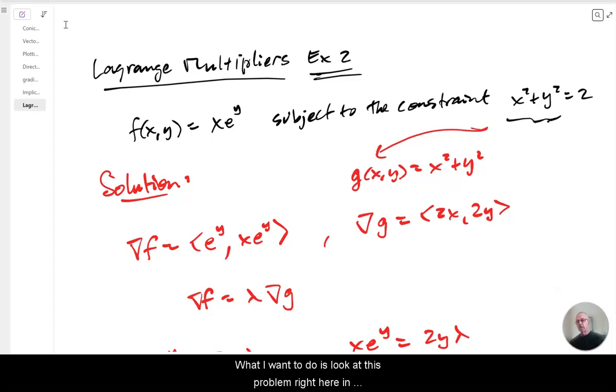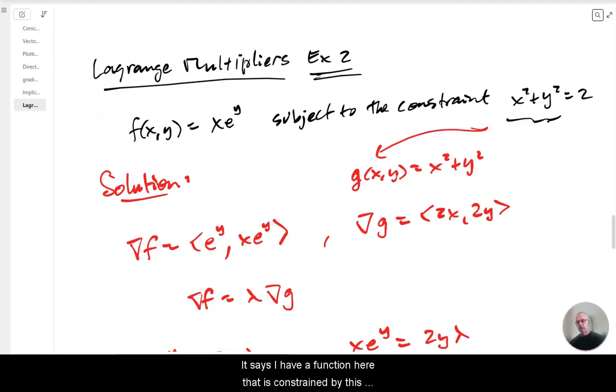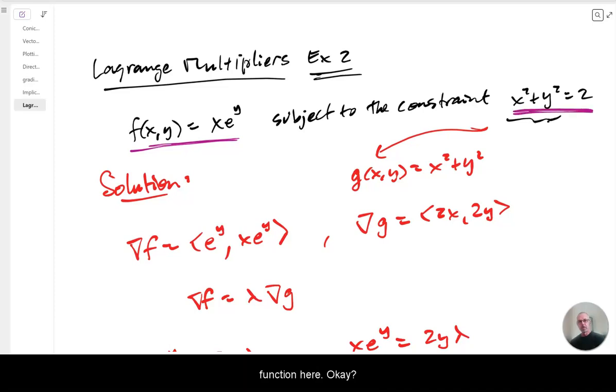What I want to do is look at this problem right here in Lagrange multipliers. It says I have a function here that is constrained by this function here. Okay?